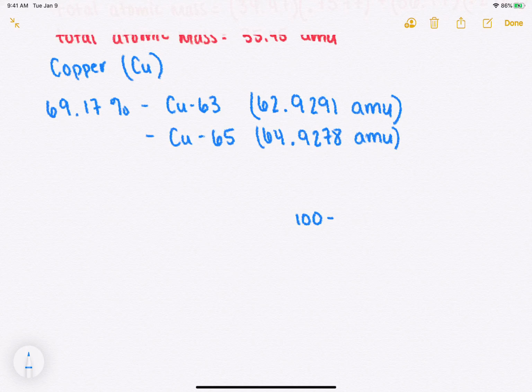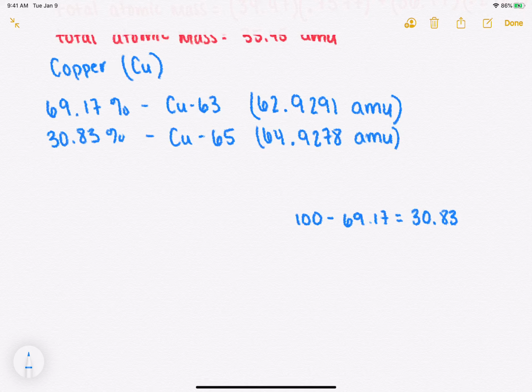So you would do 100 minus 69.17, and you would get that the remainder is 30.83, and that is going to be the percentage of copper that is the copper 65 isotope.